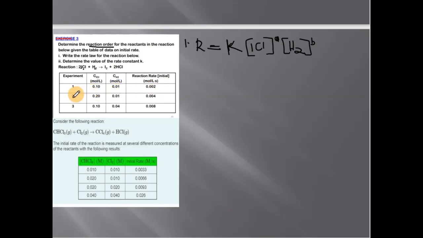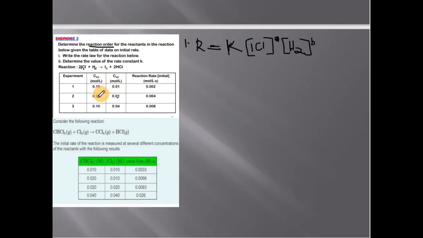Now in the second trial, the experimenter maintained the concentration of the hydrogen gas at 0.01 and changed the concentration of the iodine chloride from 0.1 to 0.2.